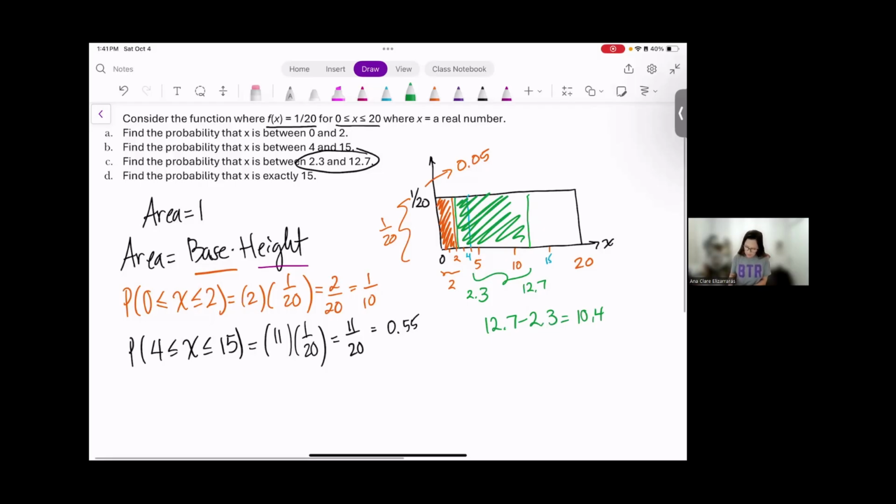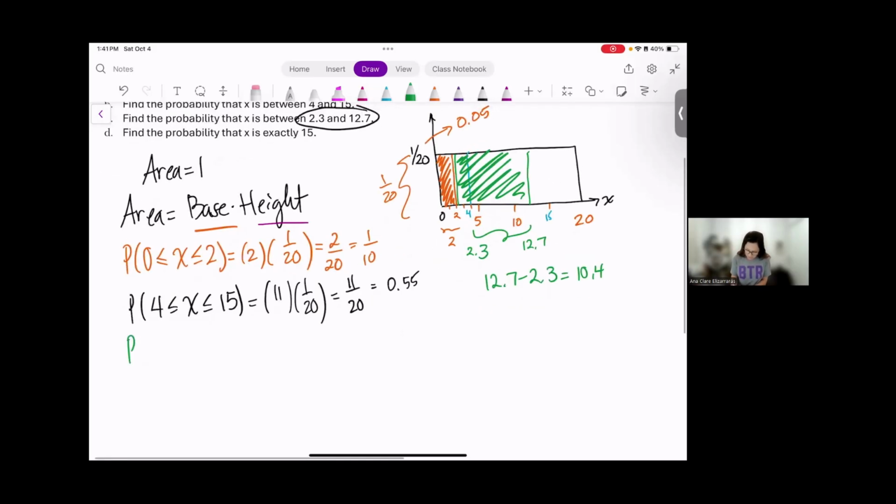So the probability that x is between 2.3 and 12.7 is equal to the base distance of 10.4 times the height still of 1 over 20. Now I'm combining decimals and fractions, not the most friendly. So in this, I'm going to turn that 1 over 20 into the decimal of 0.05.